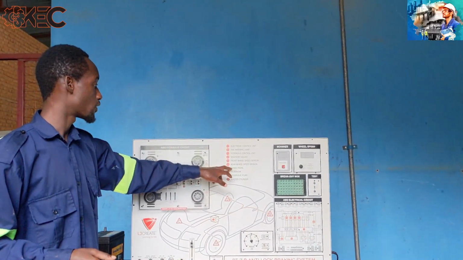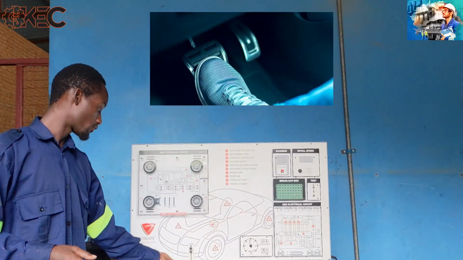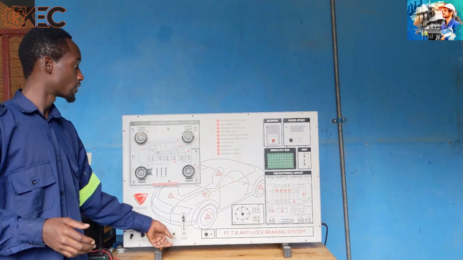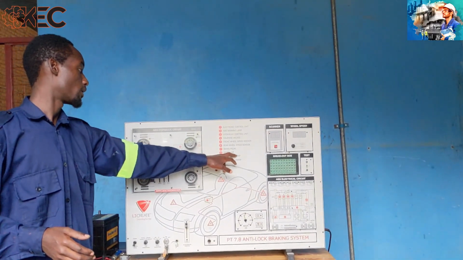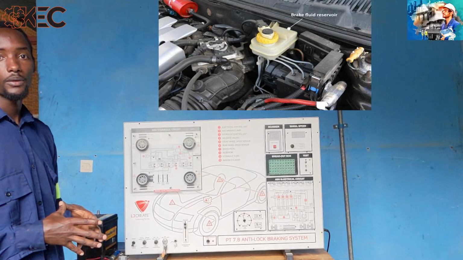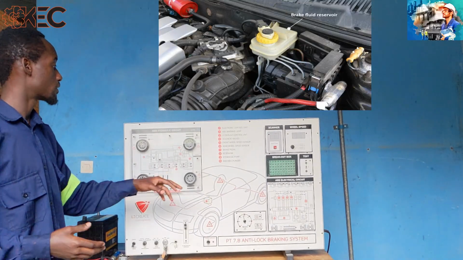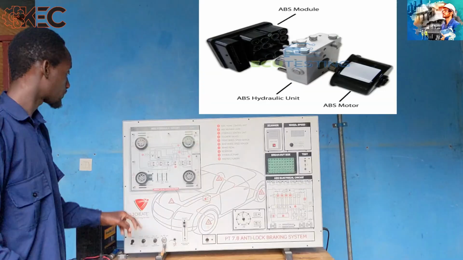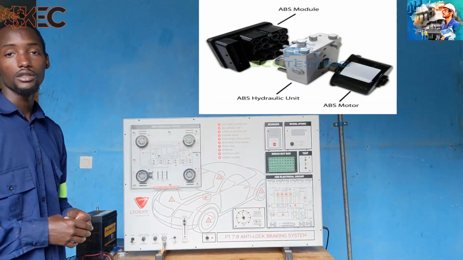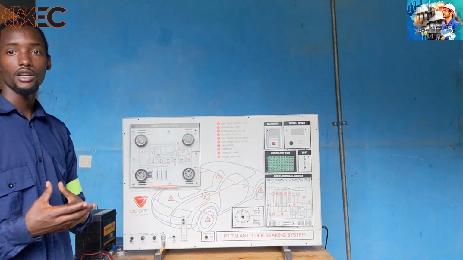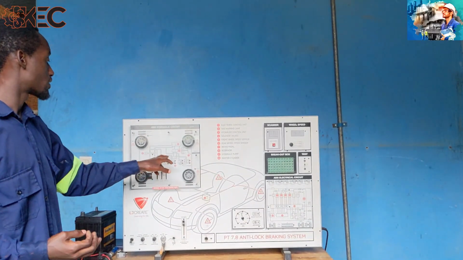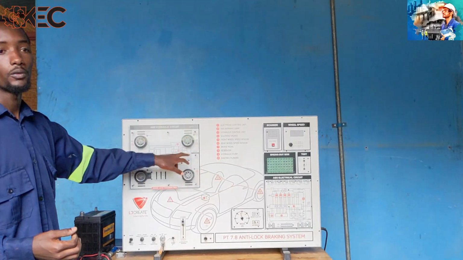So there is also the brake pedal, as we see there. There is the switch that acts like a brake pedal, and also there is a reservoir. It stores the hydraulic fluid, and also there is the pump. These are the symbols of the pump that is used to pressurize that fluid, without the command of the driver, to go and brake the wheels.